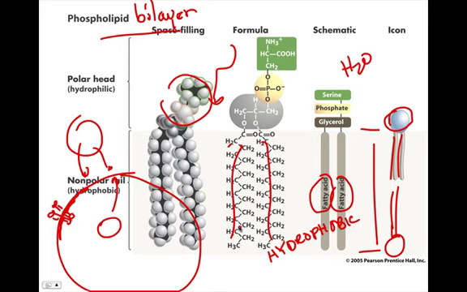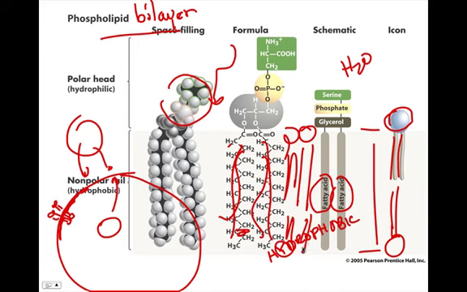Remember this idea that covalent bonds don't stretch or bend, but they can twist. And so these tails are pretty floppy, but because they're hydrophobic, they get packed together pretty tightly in this phospholipid bilayer because there's that sort of core hydrophobic region.